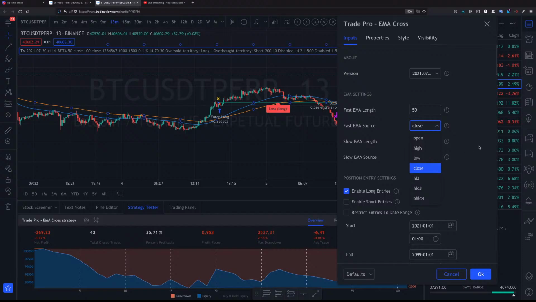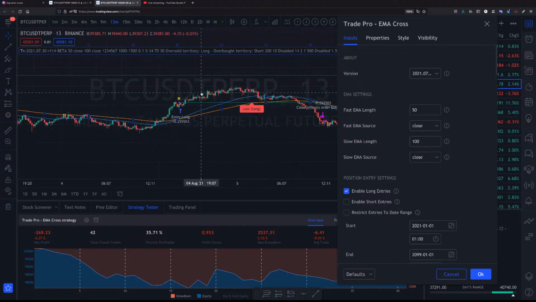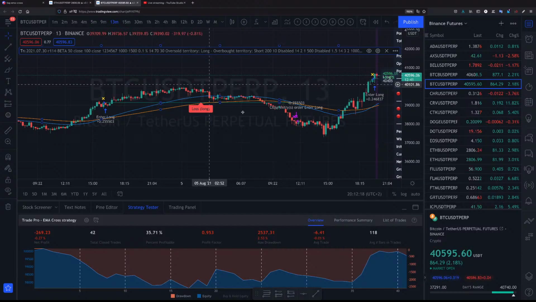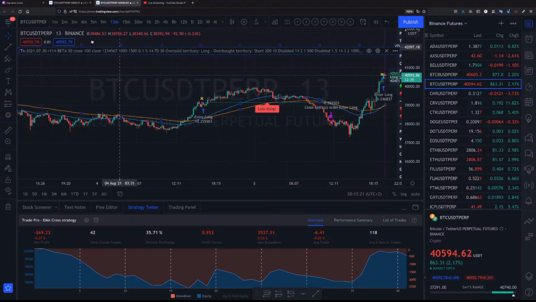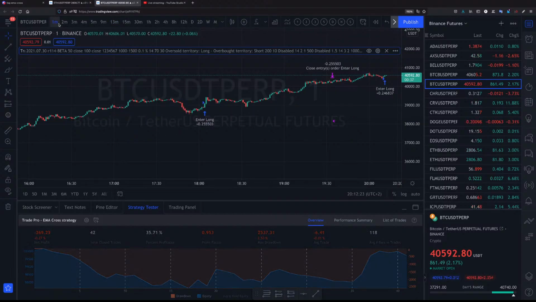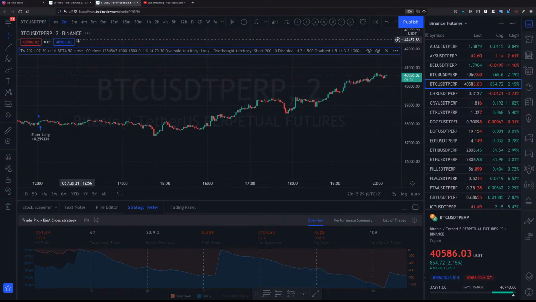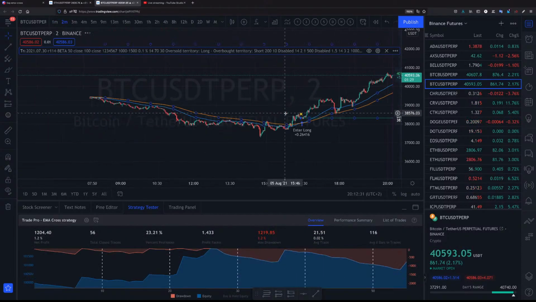I would prefer to have it at close, when the candle is closing, so I'll go for that. And slow EMA, the same. Let's have a look first if I go through the time frames, different time frames, and see how this performs.